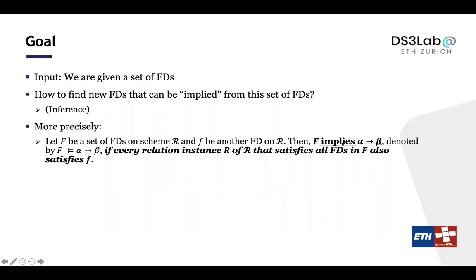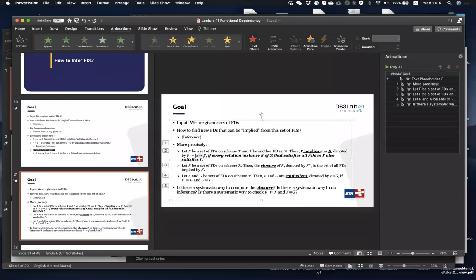We say F implies alpha to beta, and we write it this way, F and this symbol alpha to beta, if every single relation instance R of this schema that satisfies this set of functional dependencies in F also satisfies alpha to beta. Here let's replace F with alpha to beta. There's a typo.